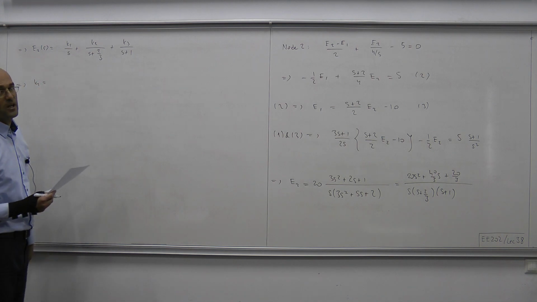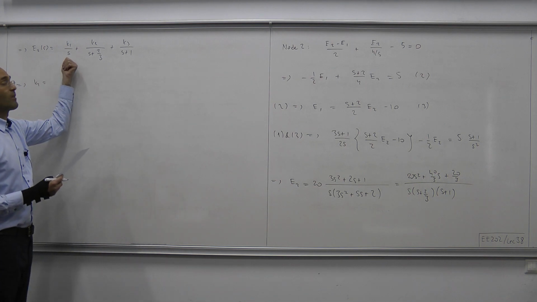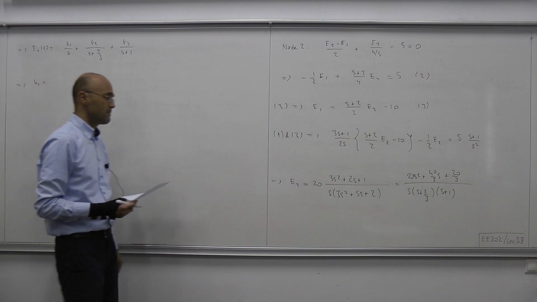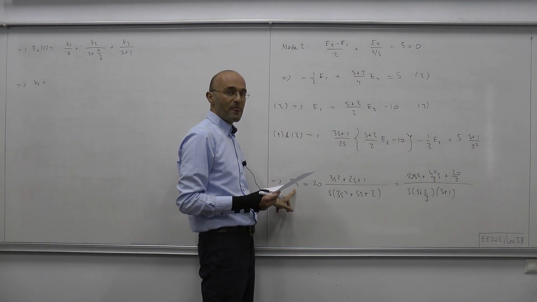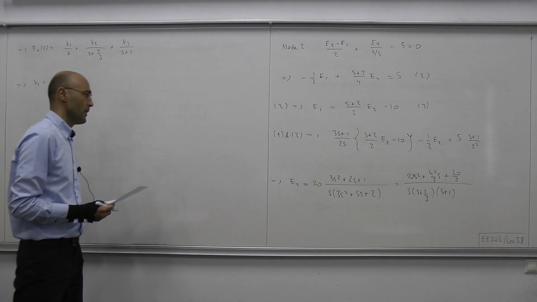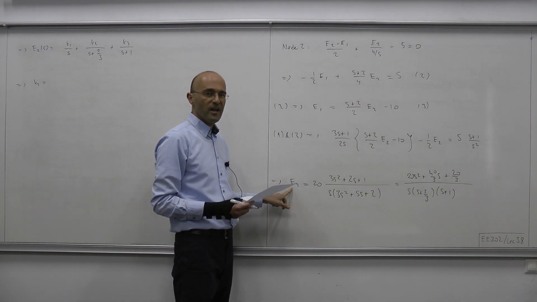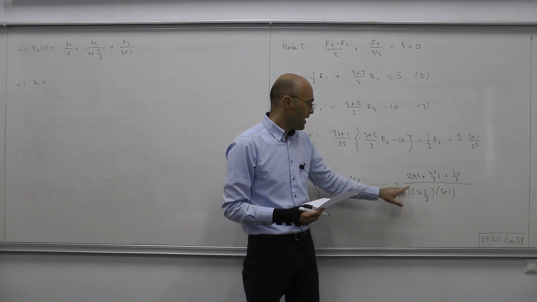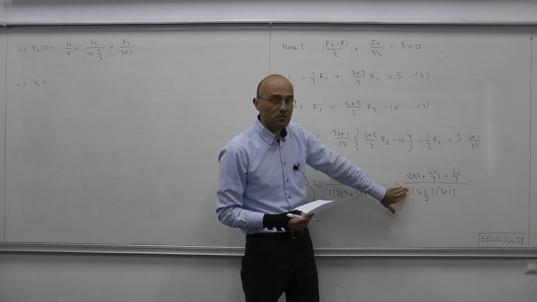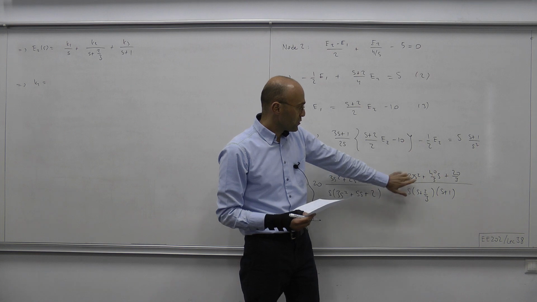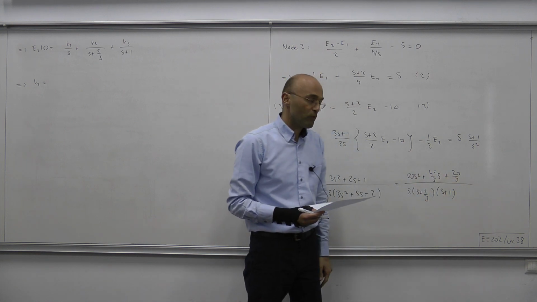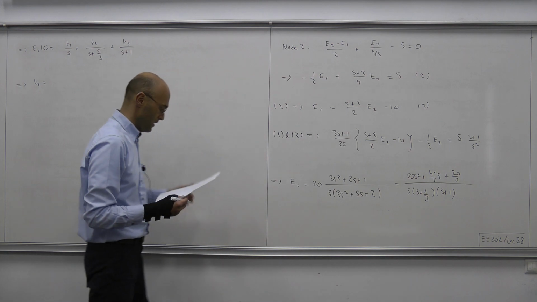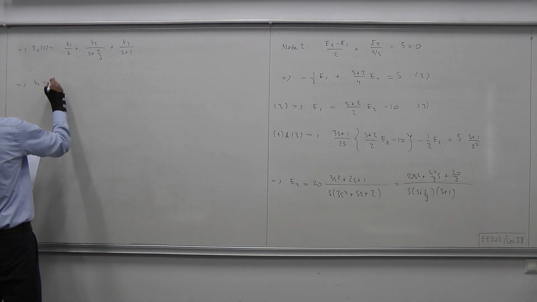Well, multiply both sides with s, the denominator of this term, and then evaluate s times E2 of s at s equals 0. If you multiply E2 with s, that will cancel with the s in the denominator, and what remains you evaluate at s equals 0. So if you plug in s equals 0, these terms disappear, so you have 20 over 3 divided by 2 over 3, and that produces 10 as K1.